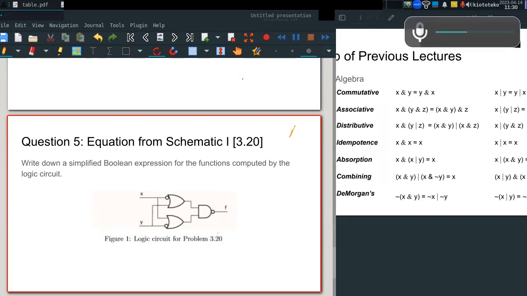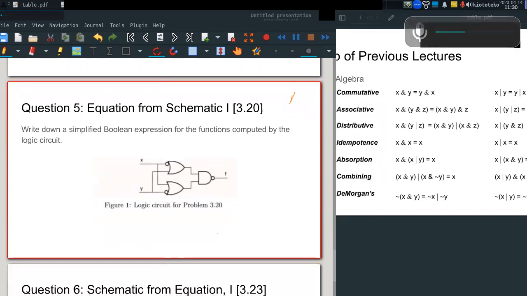So write down a simplified Boolean expression for the function computed by the logic circuit. Okay, we have this logic circuit, which is another way of representing the logic function. Again, we have logic gates, we have truth tables, we have Boolean expressions. So how can we express this as a Boolean function? Any guess?